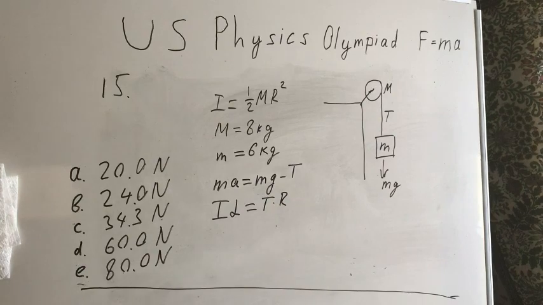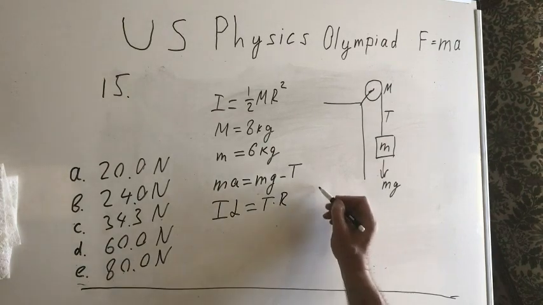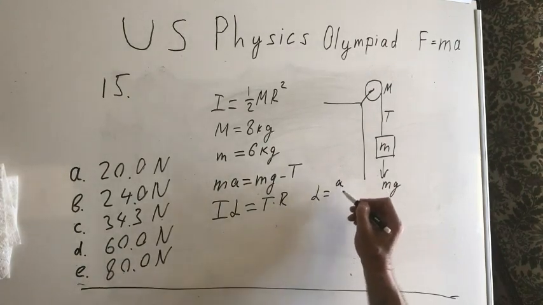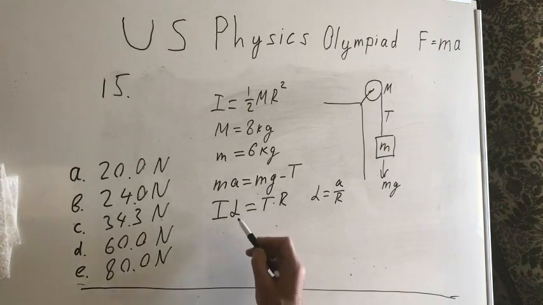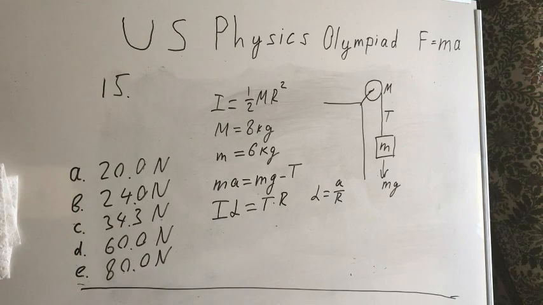Because we don't have slipping of this cord, we have alpha equal a over R. So this is how to connect angular acceleration to linear acceleration. And we can put this expression here, and for the moment of inertia this one.